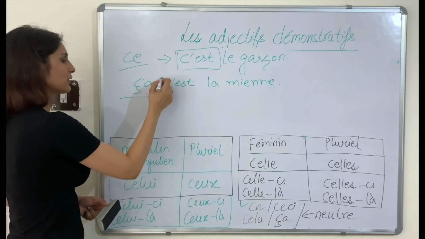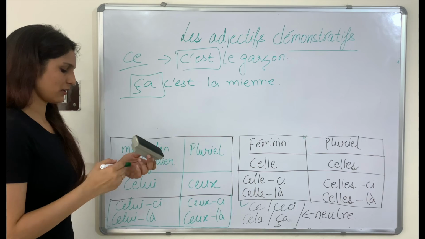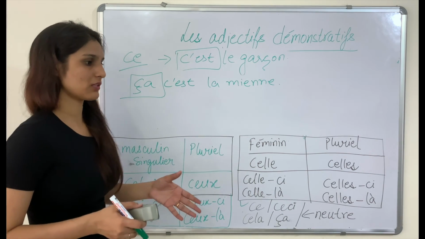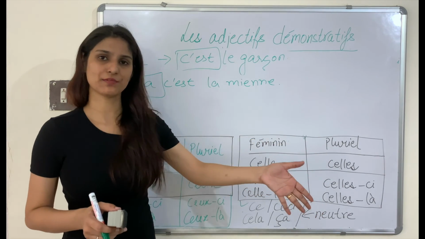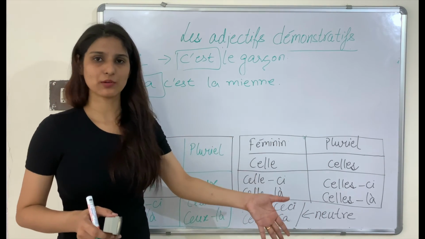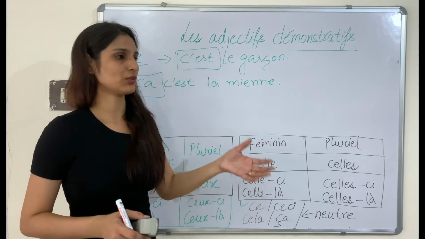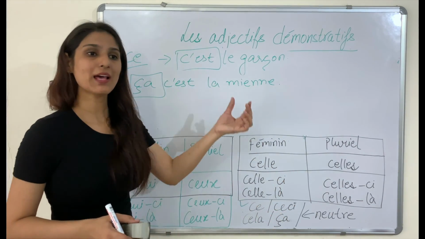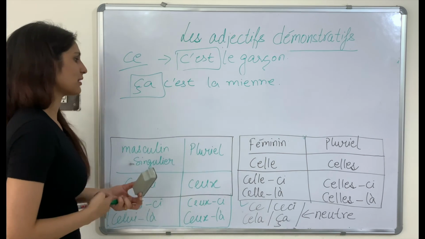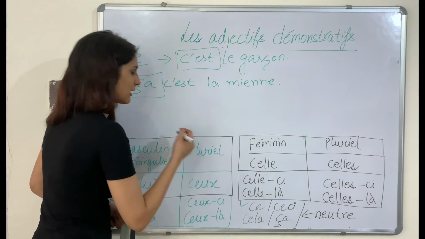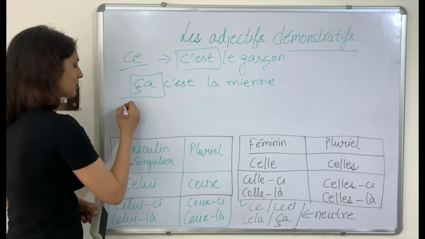So ça you're going to use a lot, while saying je parle de ça. If you don't know, you are talking about a car. Suppose there is a car right in front of you, you're saying I'm talking about this. So you don't have the vocabulary for car, scooter, anything. So you will use the word ça. Je parle de ça. So instead of using ça, start using cela. Je parle de cela.